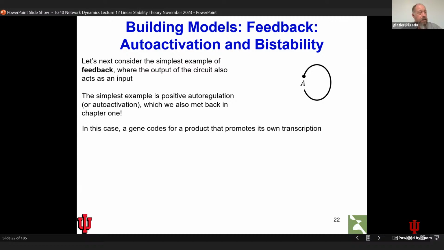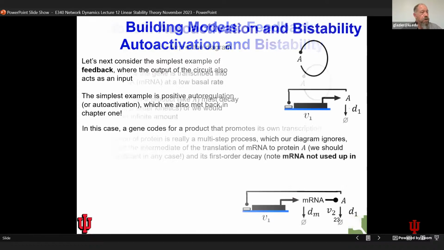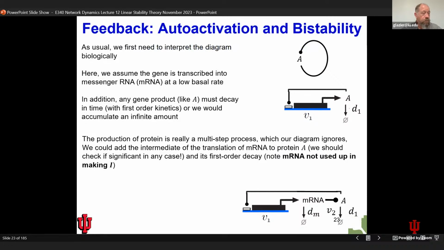So now I want to come back and do them again, maybe with a little bit more insight into what those bifurcations mean. So here we have a species that promotes its own production. As before, we're going to interpret this as a gene regulatory network.